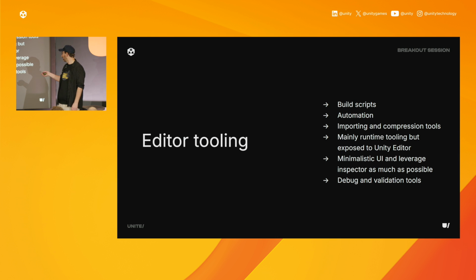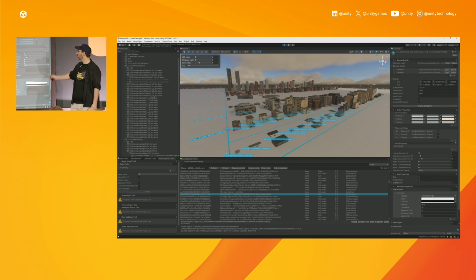Then debug and validation tools we also had to implement, and at many levels. At the asset level, I have a picture of what a debug scene would look like. In here, you can see that we have a set of assets, not all the assets from the game, but everything that is in the European region. On the left, you can see that we do have game objects and hierarchy, and this is actually how we can debug if the import was successful.